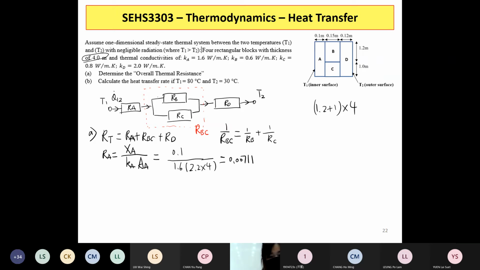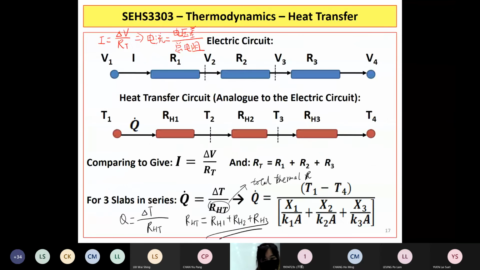Good. K per watt. Because we have X in the unit of meter, K should be in... use this one, maybe better this one.